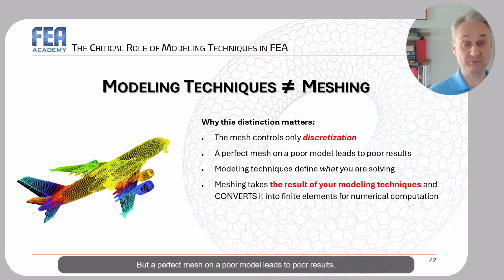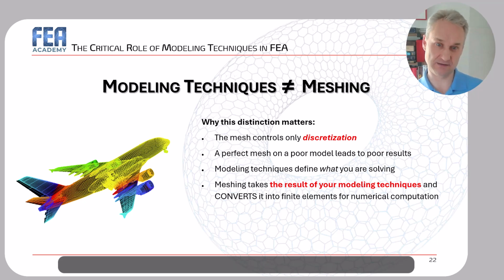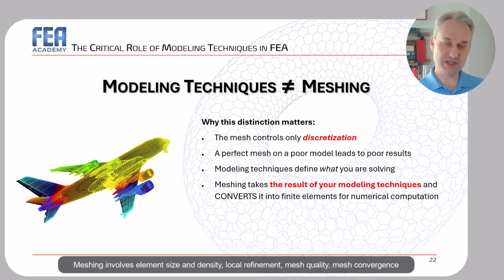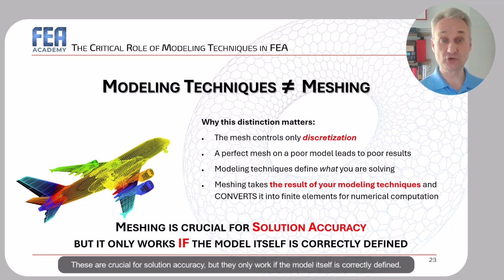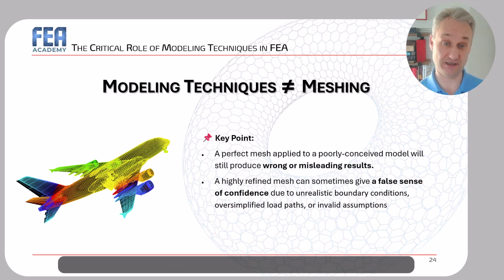But a perfect mesh on a poor model leads to poor results. Meshing involves element size and density, local refinement, mesh quality, mesh convergence strategy. Okay? These are crucial for solution accuracy, but they only work if the model itself is correctly defined.